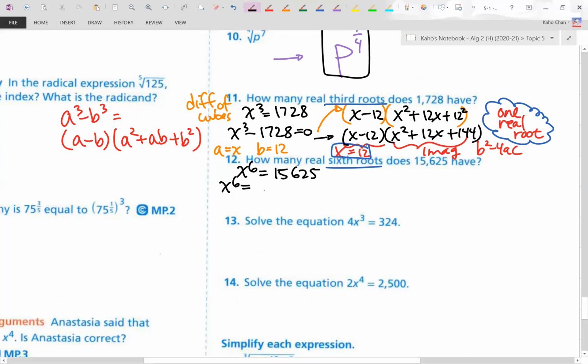Let's move the 15,625 to the other side by subtracting. This is actually another difference of cubes. You may not see it. It's hard to see. The cube root of x to the 6 is x squared. The cube root of 15,625 is, crazy enough, 25.